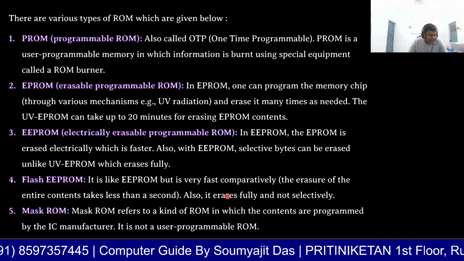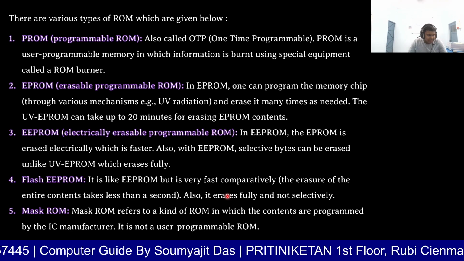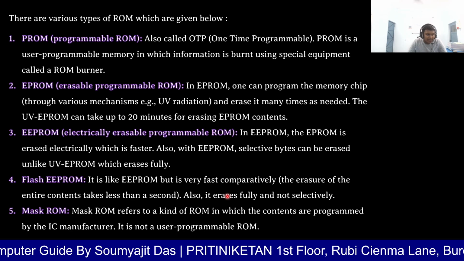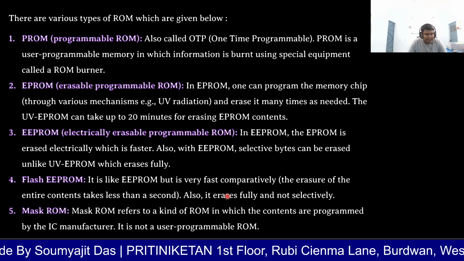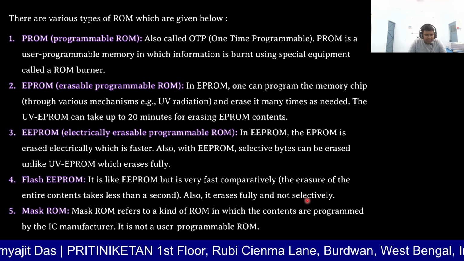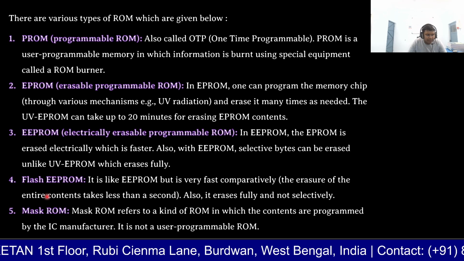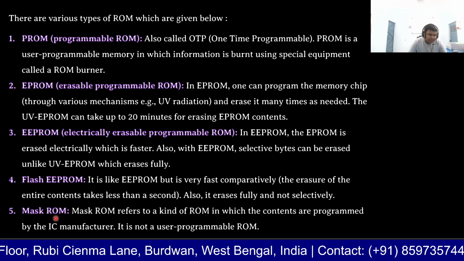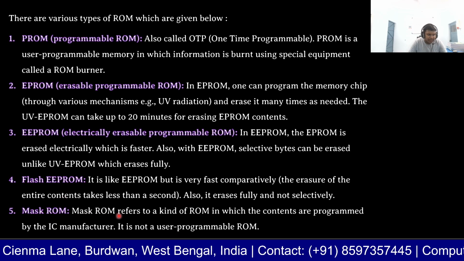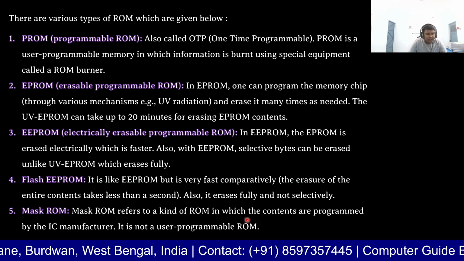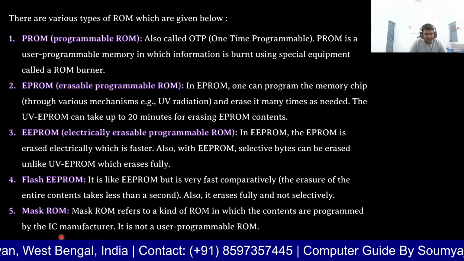Next, we have flash EEPROM. It is like an EEPROM, but it is comparatively faster than the previous generation, and it erases fully, not selectively. So it is a link between EPROM and EEPROM, the flash one. Next, we have mask ROM. It refers to a kind of ROM which contains a program written by the IC manufacturer.